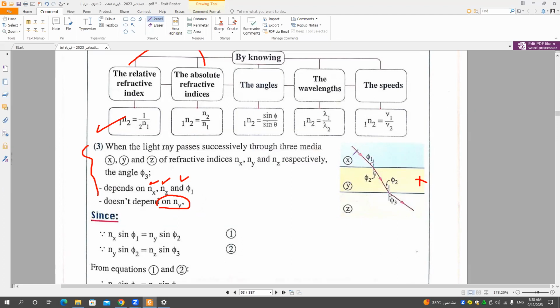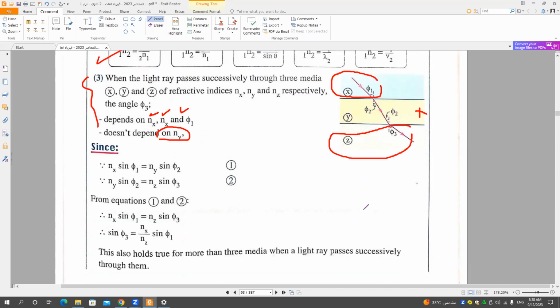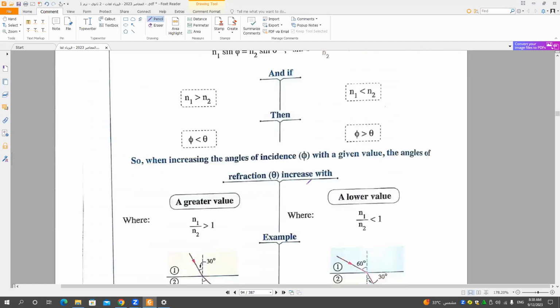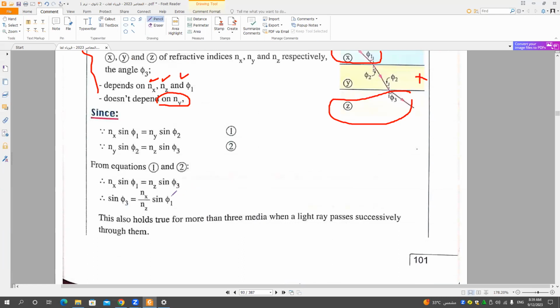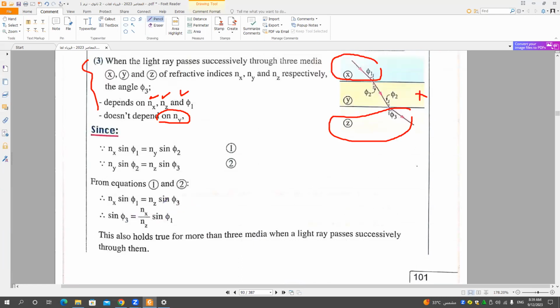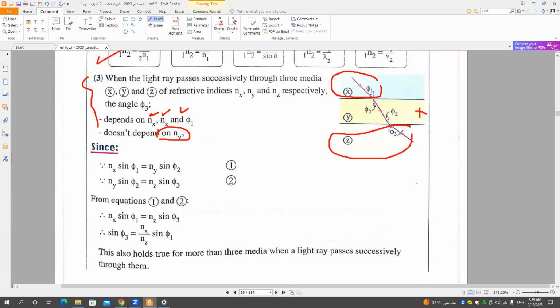So you can make the relation between medium X and medium Z, sine phi 1 over sine phi 3 equals NZ over NX.